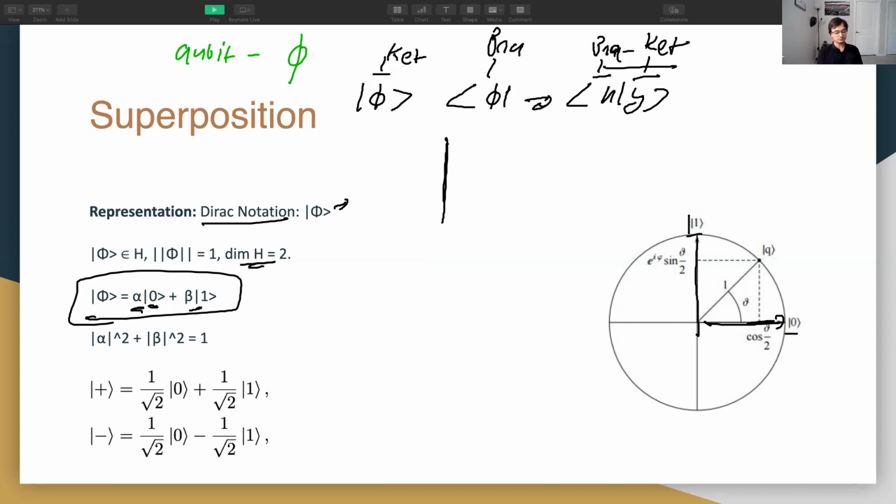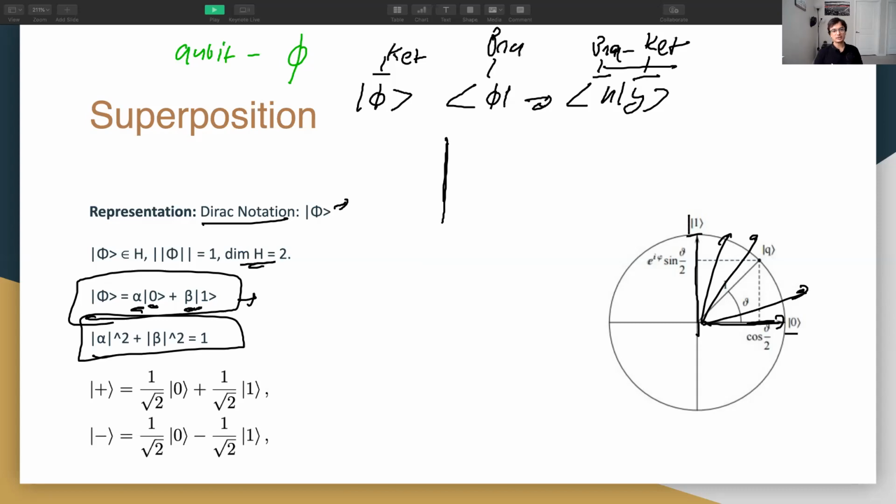So my wave function will look like alpha of 0 plus beta of 1, where it can take any value between 0 and 1. Since it's a unitary vector, the summation of the probabilities will give me 1.